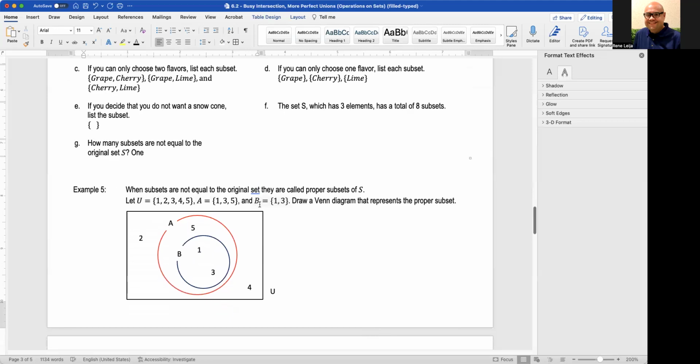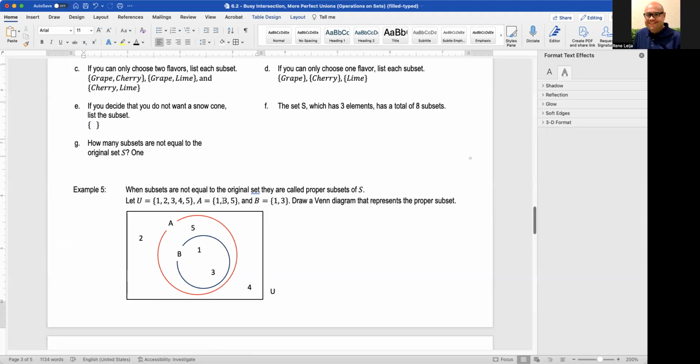For A and B, they are both subsets of U, so in my universe, they go inside the block. But notice that B is a subset of A, so B has to go inside of A, which contains 1 and 3. 5 is only in A, it's not in B, but notice that A still encompasses set B, which has the elements 1 and 3.